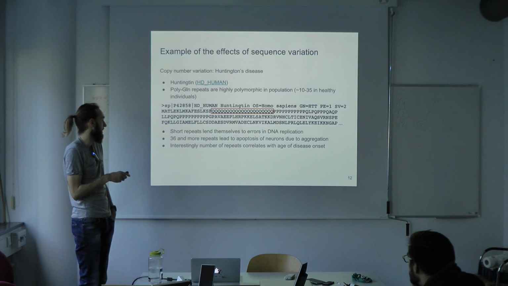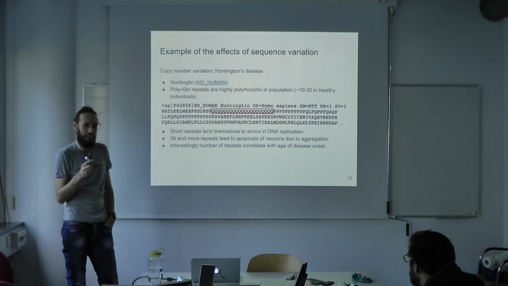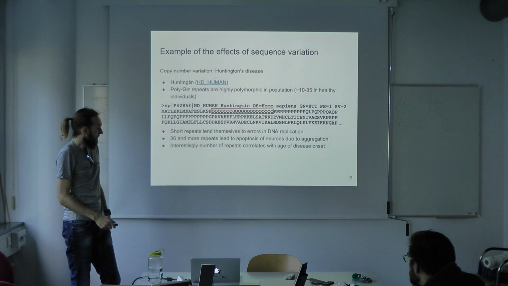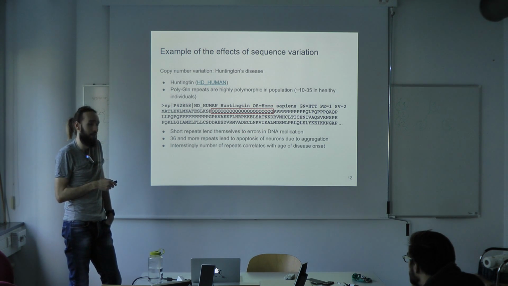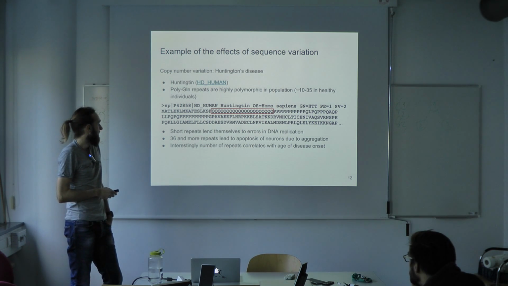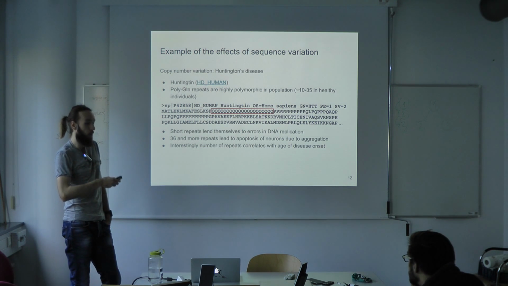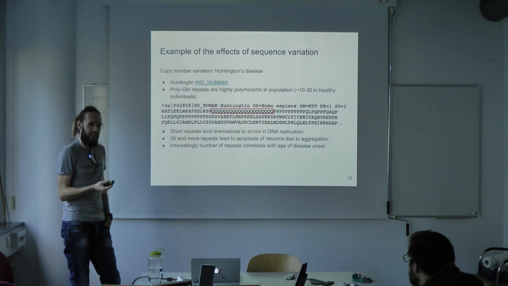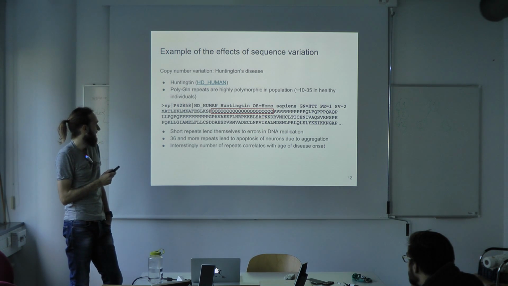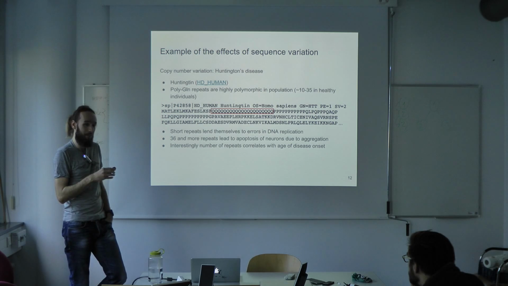So this disease has a relatively late onset. You only get this when you're around 40. But here actually how many of those you have matters. And interestingly, the more you have, the earlier you get the disease. So it's not entirely clear how this works.